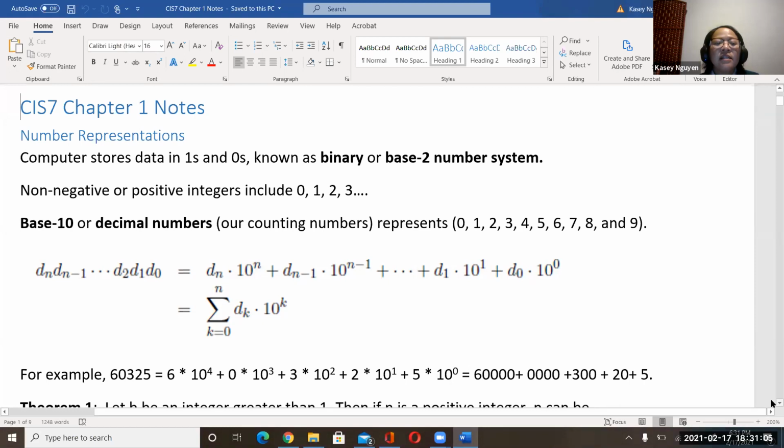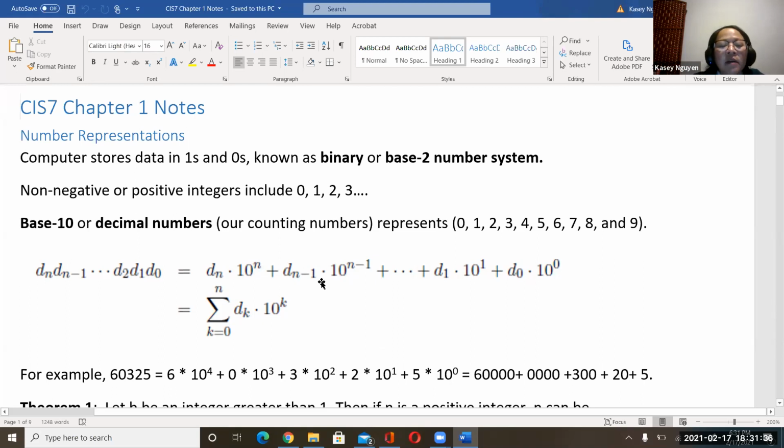The binary system has only two numbers, either 0 or 1, and therefore it's known as base 2. Often in textbooks you would see 0, 1, 0, 1 written in binary with a small 2 as a subscript at the lower right. That indicates that it is a binary number.